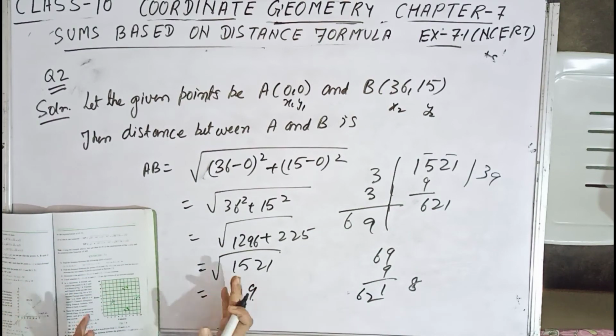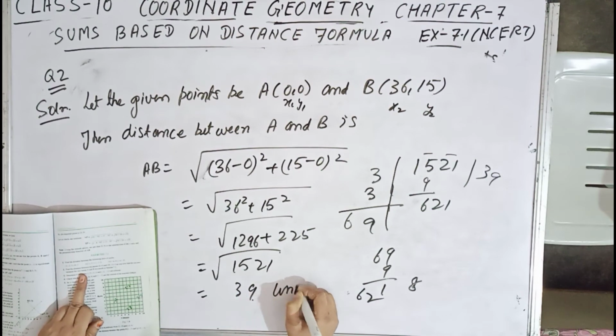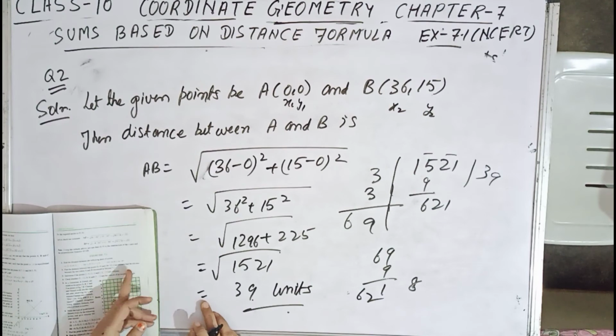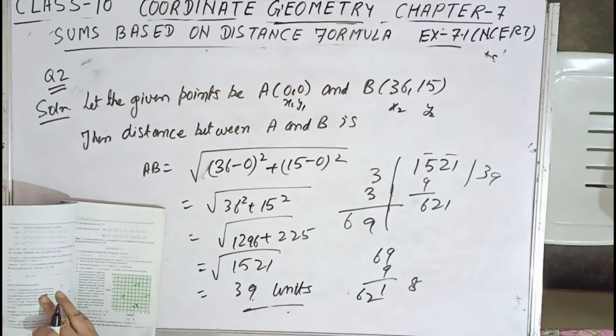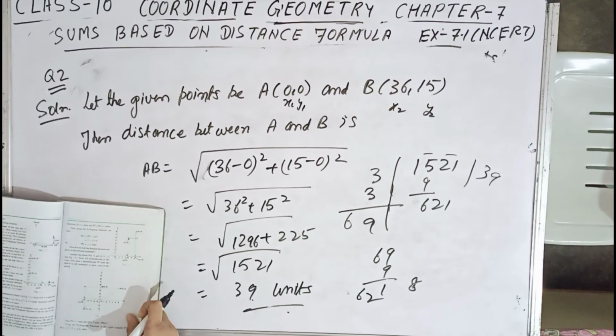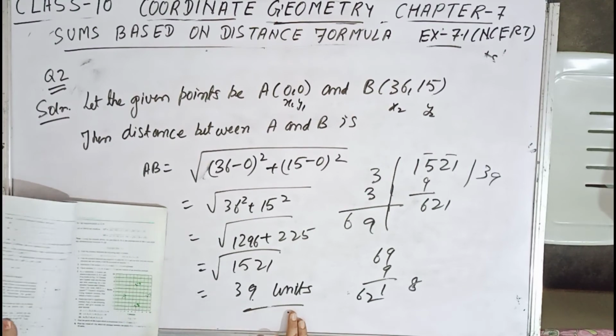Now over here any unit is not given, so I'll directly write units. Now the second part of this question: can you find the distance between the two towns A and B? Same answer, the distance between the two towns is 39 units. Or if it is given in kilometer or meter, let me see. It is in kilometer, so the distance between the two towns is 39 kilometers.